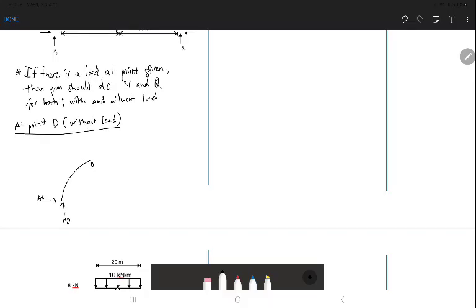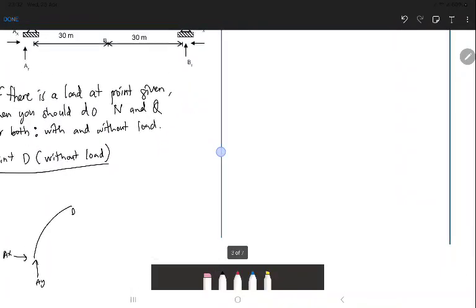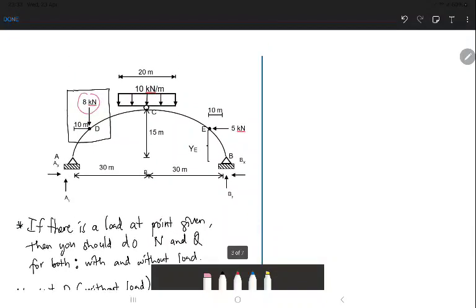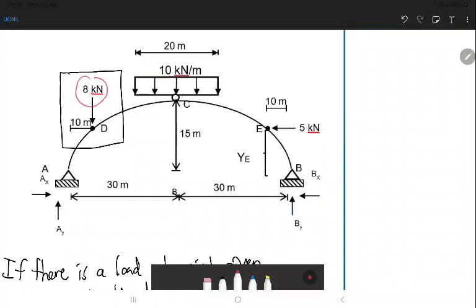Okay, if you cut here at point D, so you have force acting compression, and then you have a shear force. You know that shear force is in this direction, right? So you have shear force here, and then this one thrust force.